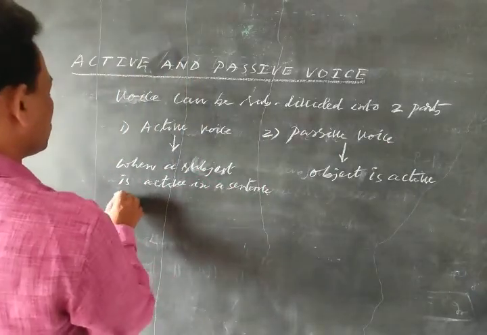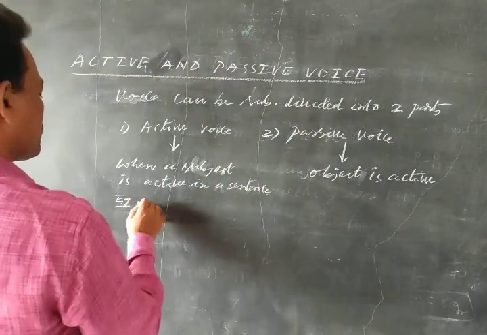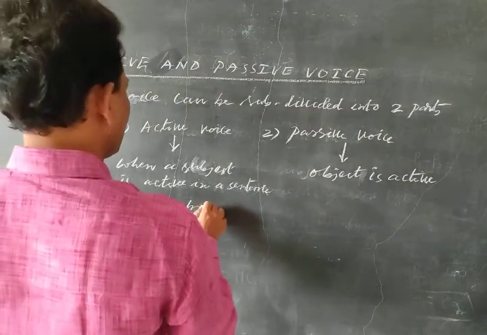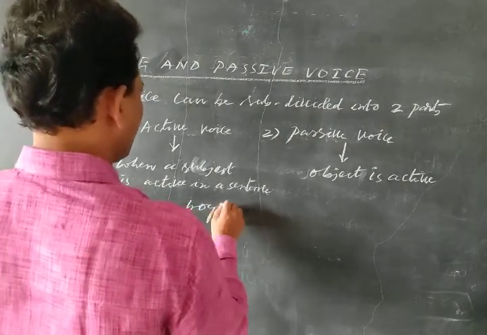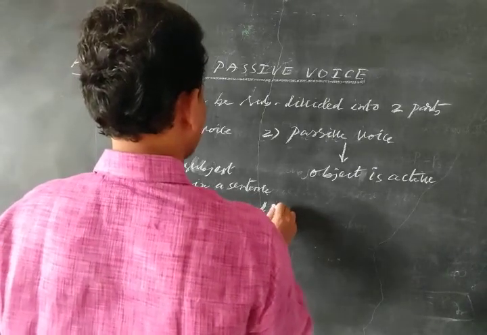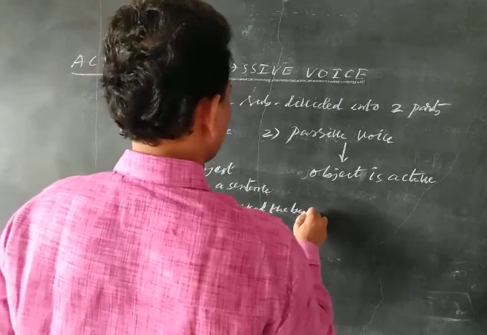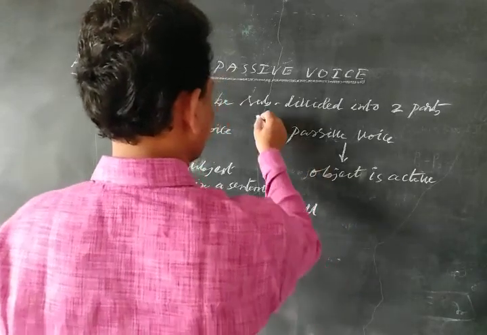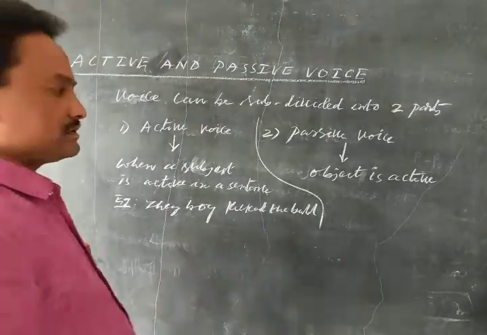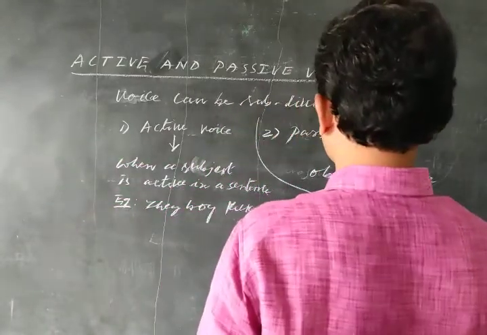Example. The boy kicked the ball. Here is an example of passive voice.